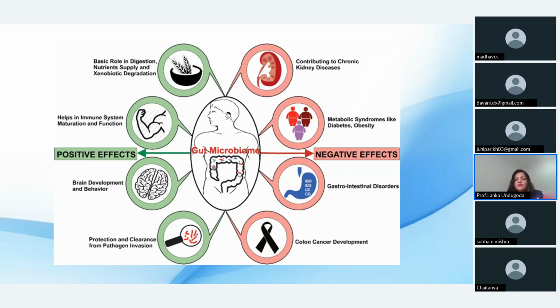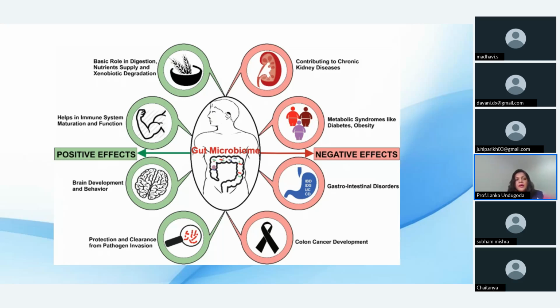There are gastrointestinal disorders and metabolic syndromes. Nowadays we have different metabolic syndromes, such as diabetes, obesity, and the very common kidney diseases. All these things can happen because of this imbalance of your microbiome.